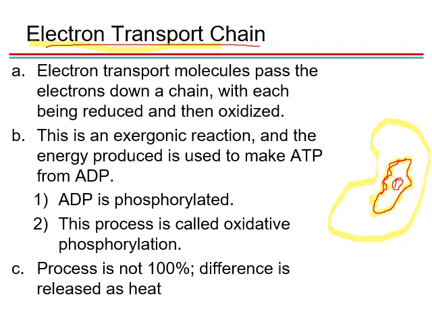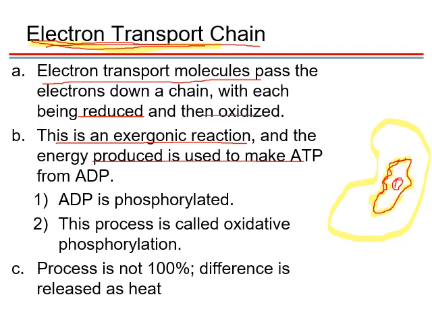So what's going to happen? Basically, electrons are going to get transported. Electron transport molecules pass electrons down the chain, and we're going to see molecules being reduced and then oxidized. It is a series of reduction and oxidation reactions that move the electrons through the transport chain. As we move through, they are exergonic reactions, and we're going to use these electrons ultimately to make ATP.